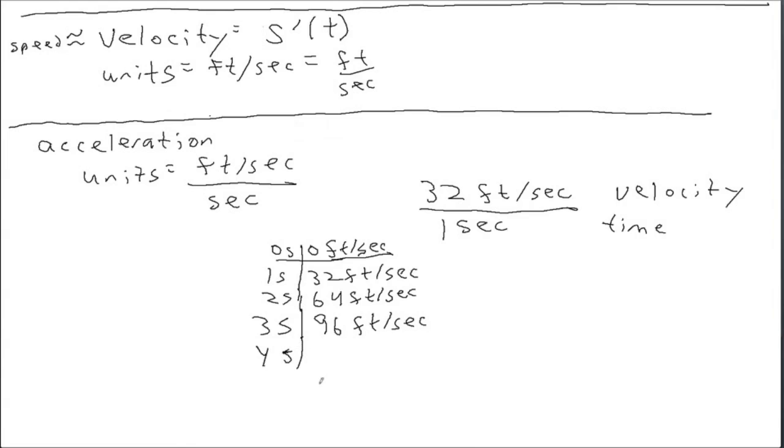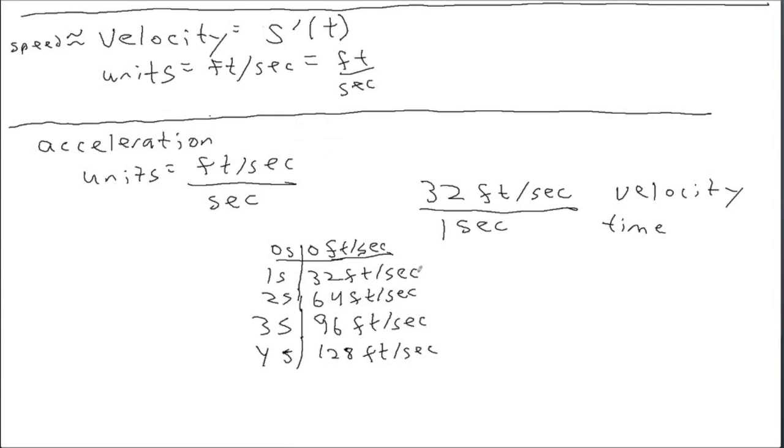We would add another 32, so it would be 128 feet per second. Pretty darn fast, huh? Right, in just 1 second, it's moving 128 feet. You know that 6 foot tall is a pretty tall person. So that's the force of gravity. Even after only a few seconds, the object would be moving quite quickly.